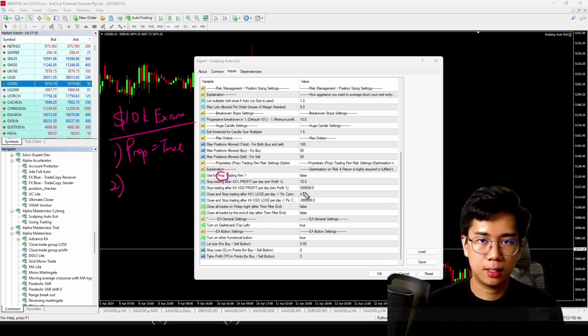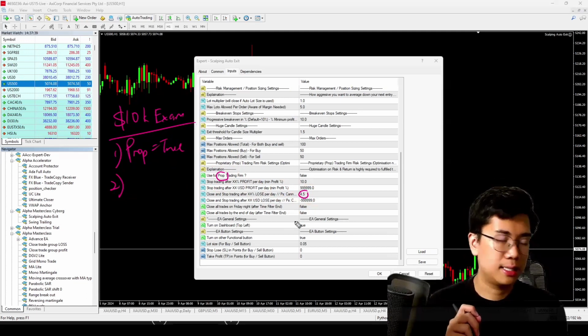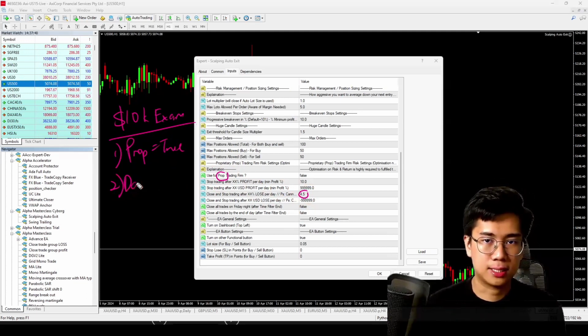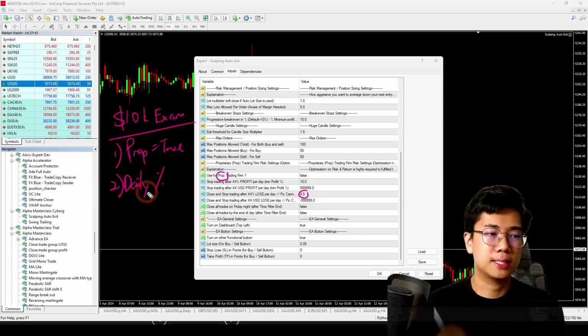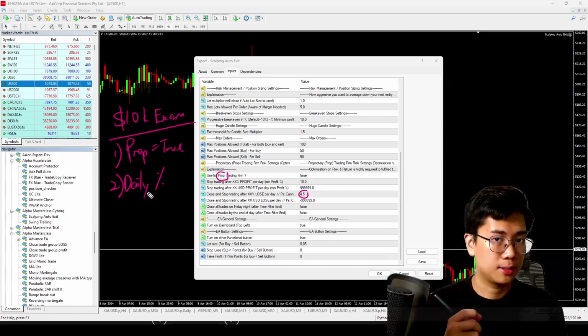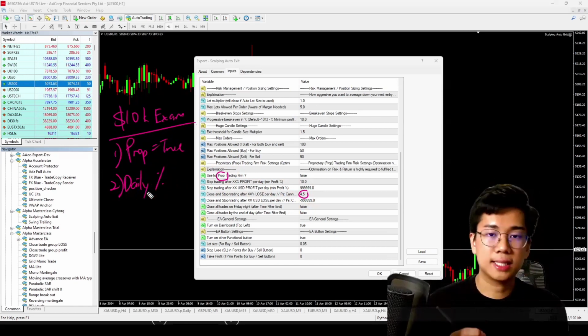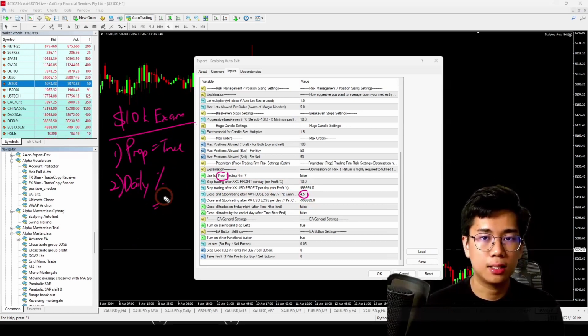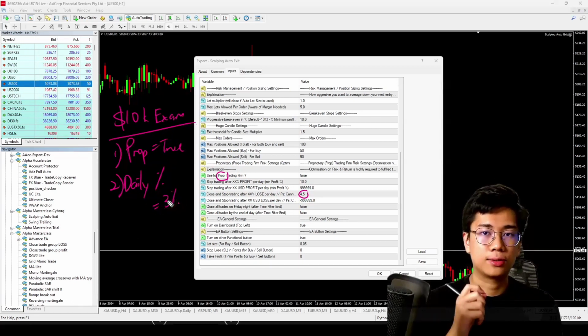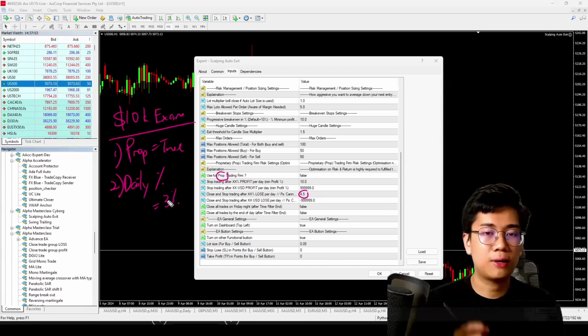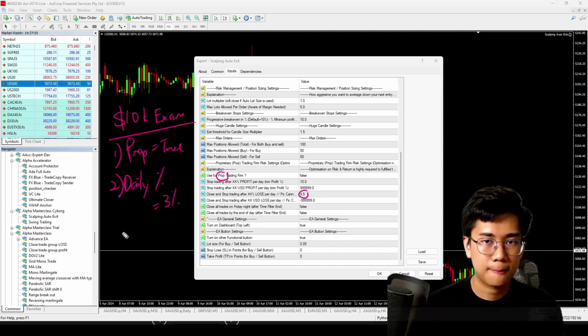Second, this 4.5%, right, is the daily percentage, or we call it daily, how many percent of risk that you're going to take. So this percentage you're going to set to be 3%. Tomorrow I'm going to talk more about the rationale why we set 3%, but set 3% first.